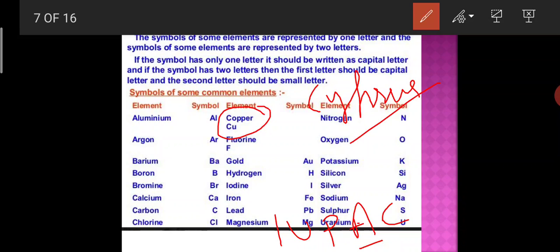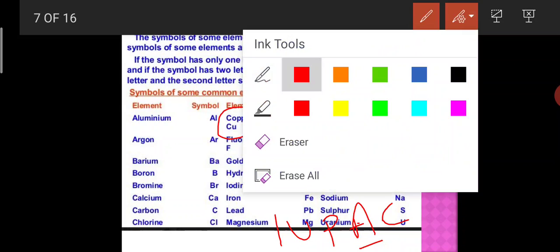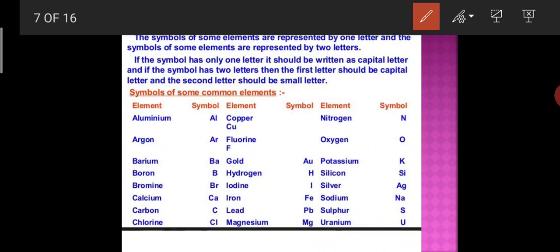Understand? Some symbols have been taken from the names of the elements in Latin, German or Greek words. For example, the symbol of iron is Fe, from its Latin name ferrum.